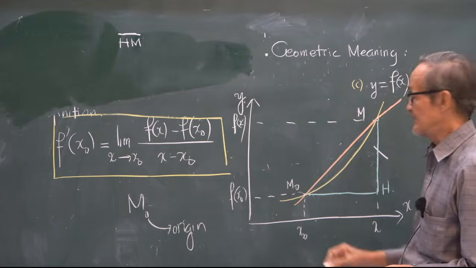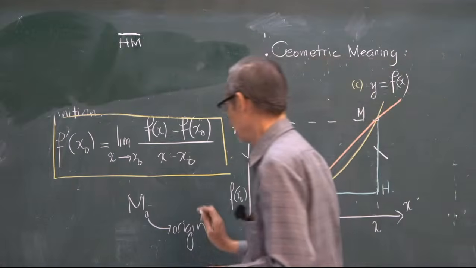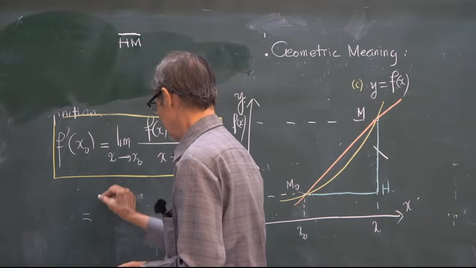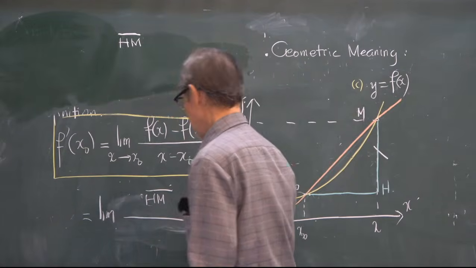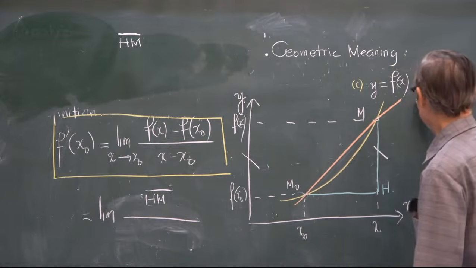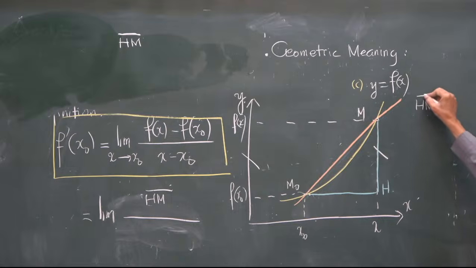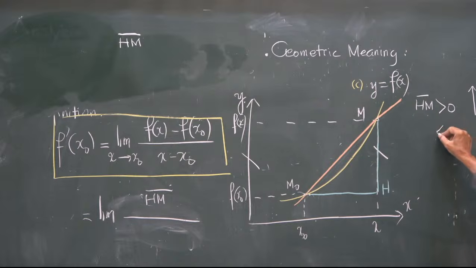HM equals f of x minus f of x0. HM algebra. Okay. Algebra means HM positive from the bottom to the top, and negative if we have HM the other way.